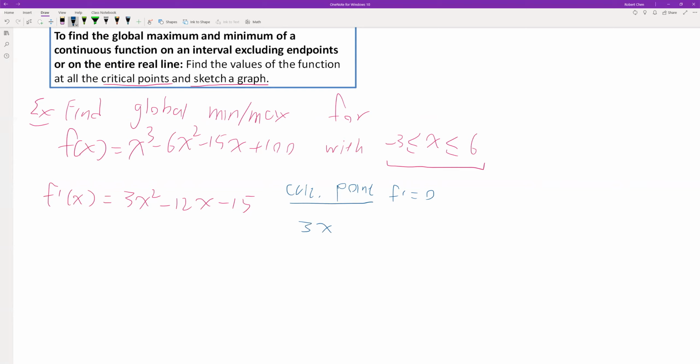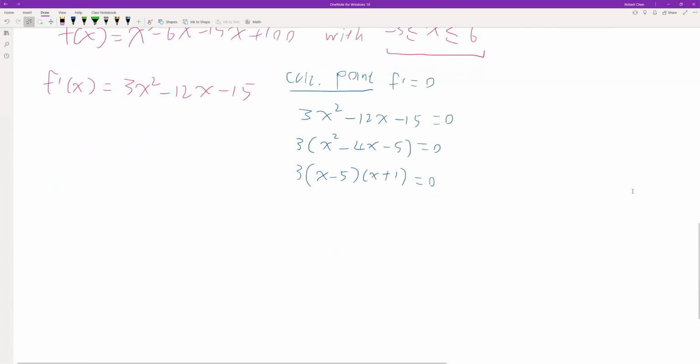So 3x squared minus 12x minus 15 is equal to 0. Factor out a 3: 3 times (x minus 5) times (x plus 1) equal to 0. So the critical points that we have are x equal to 5 and -1.